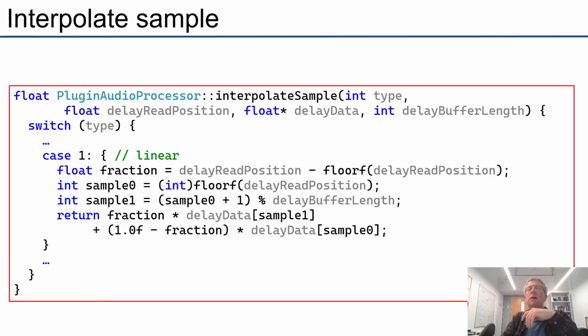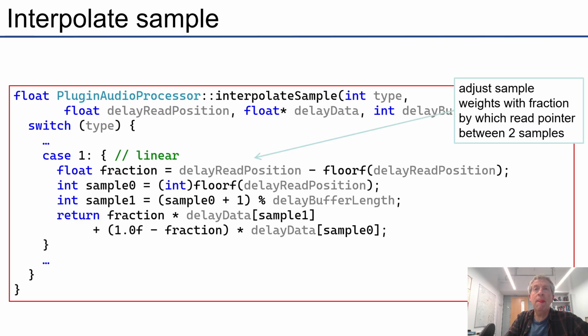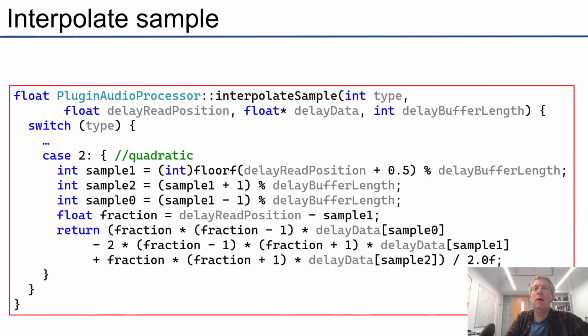The first order or linear interpolation does exactly what we've just been showing. And second order or quadratic, a bit more math, but essentially it's interpolating a value by fitting a quadratic curve to 3 nearby samples.